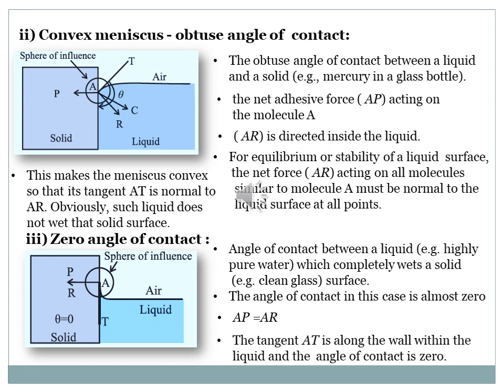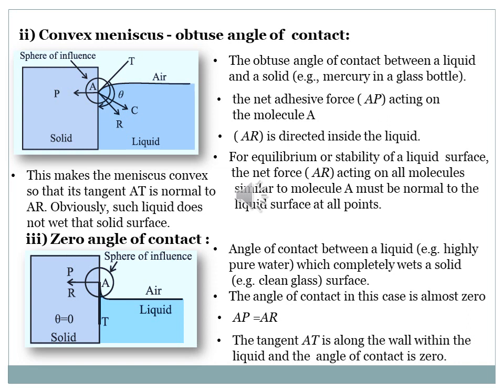And you can see in this diagram the angle between AT and AR is normal to each other. Now, do they wet the surface or not? They will not wet the surface. Such liquids do not wet the solid surface. So, this is all about the convex meniscus.